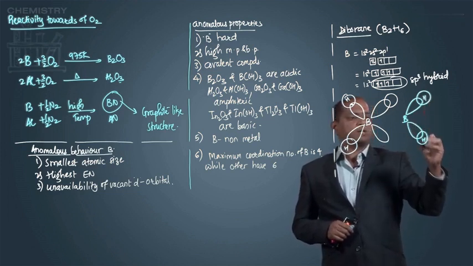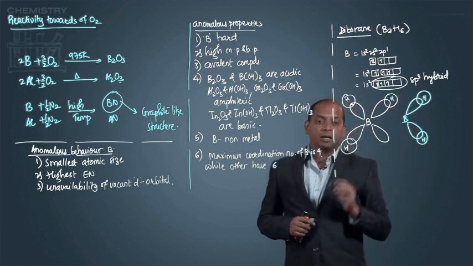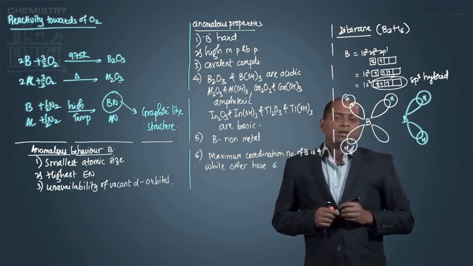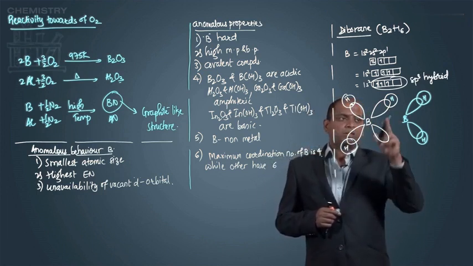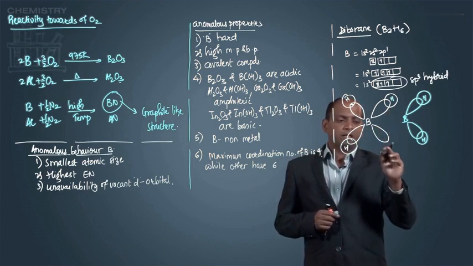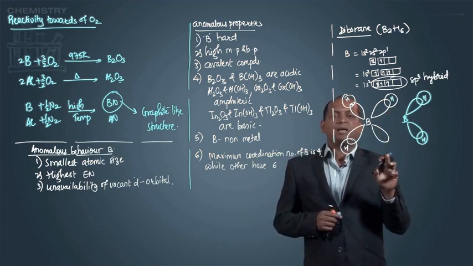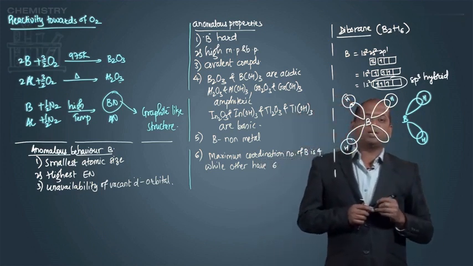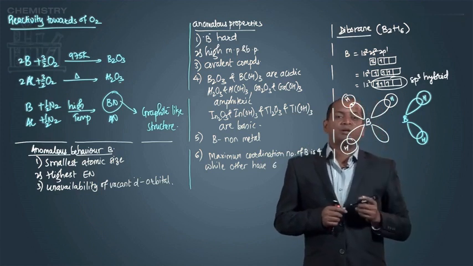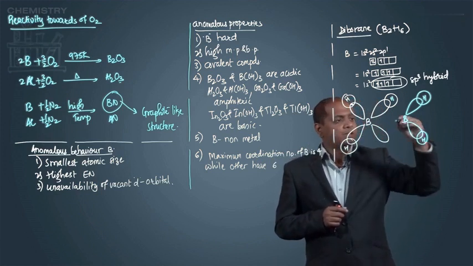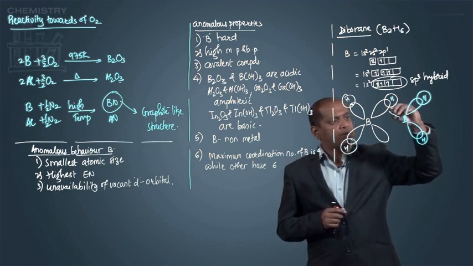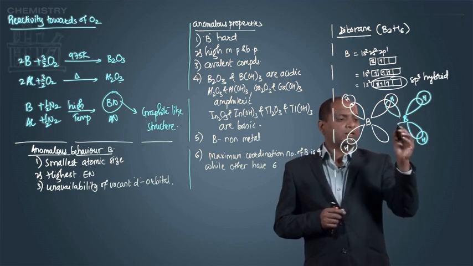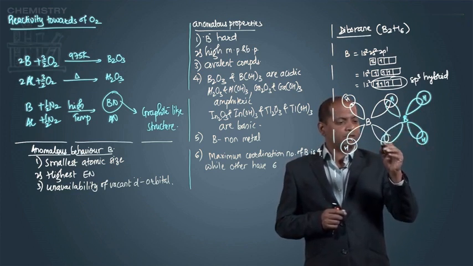So hydrogen, hydrogen, hydrogen. Interestingly, it is observed that these two hydrogen atoms bridge between two boron atoms, and it is because of the vacant sp3 hybrid orbital. So the vacant orbital overlaps like this. Here this is a filled orbital, so hydrogen is over here.